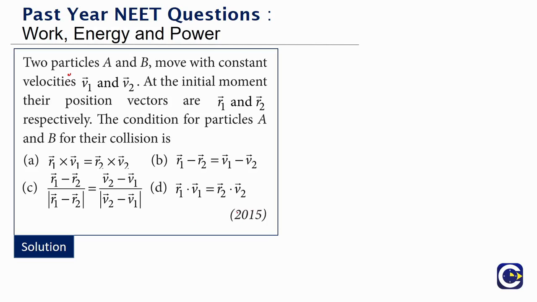Next we have a question that came in the year 2015. Two particles A and B move with constant velocities v1 bar and v2 bar. At the initial moment, their position vectors are r1 and r2.